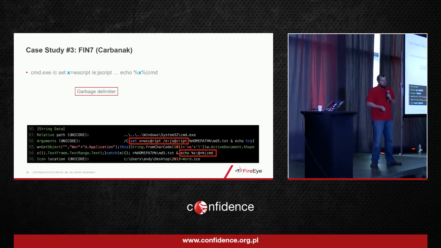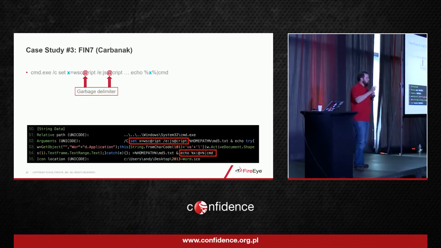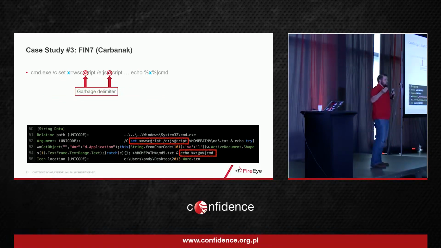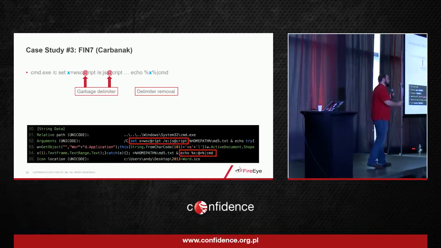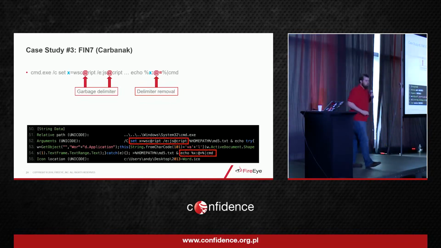But what bothered me was these garbage delimiters, these @ signs. Because if you run WScript with those @ signs in there, it fails. The @ sign is not some forgotten obfuscation character that WScript knows. But what I noticed is that if you look at the X variable at the very end, Fin7 did something really cool. They actually made a space after that variable and then inserted this syntax right here. What this does is, you put a colon after an environment variable name in cmd.exe.